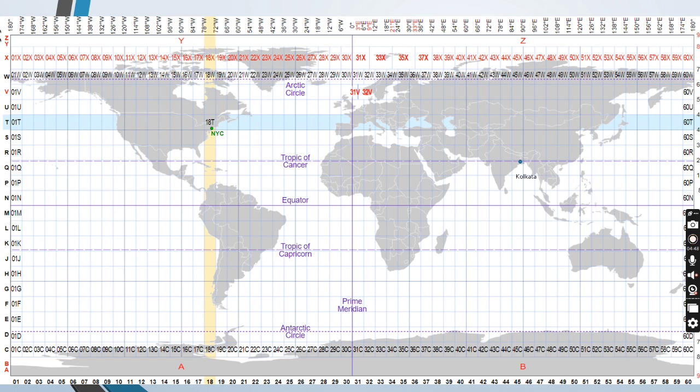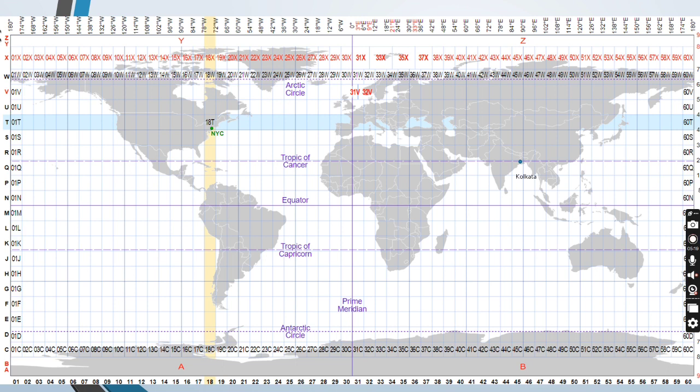In each zone, the latitude bands are conventionally represented by capital English letters. It starts from the south and alphabetically the band letter increases towards the north.